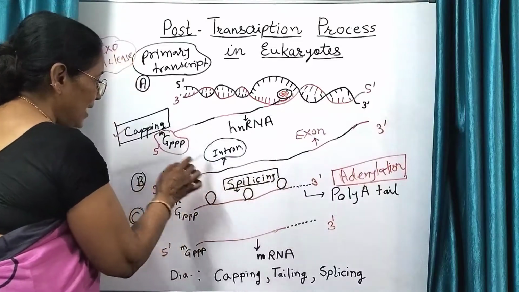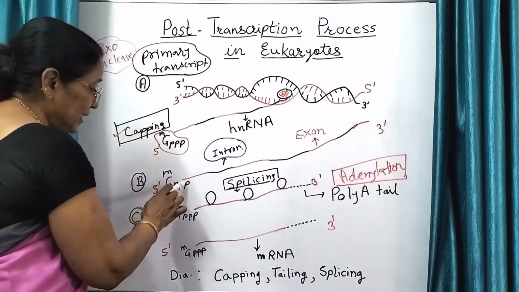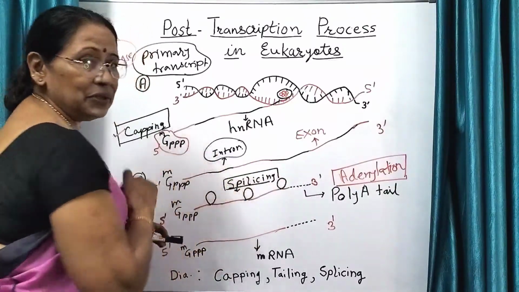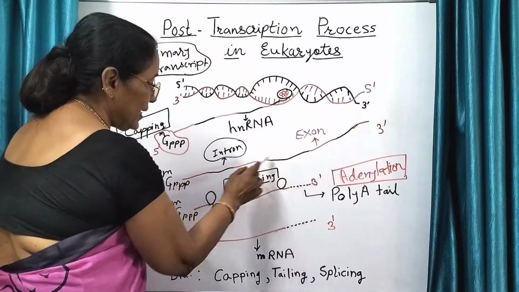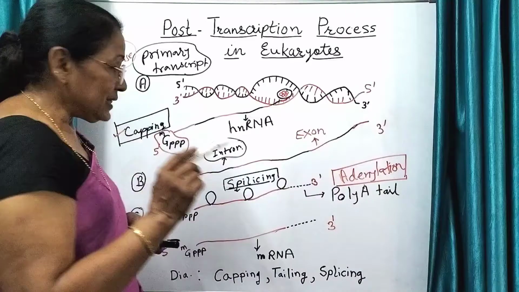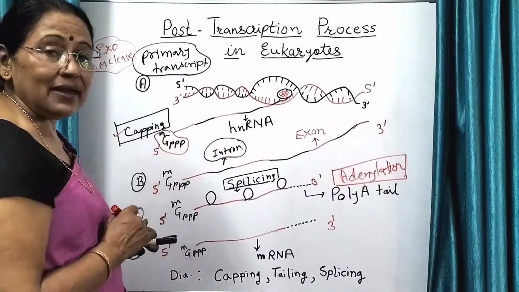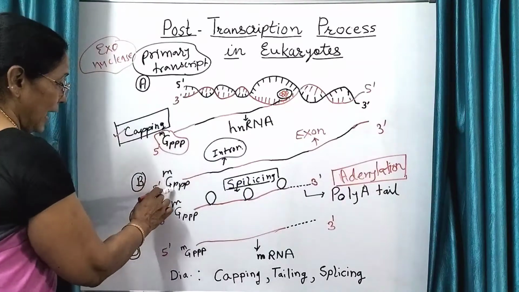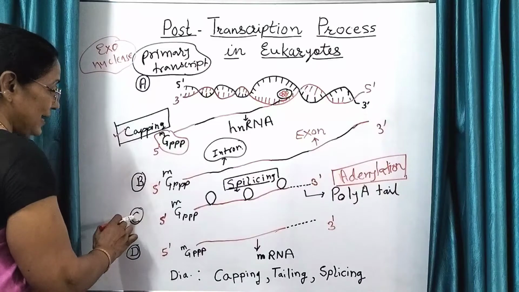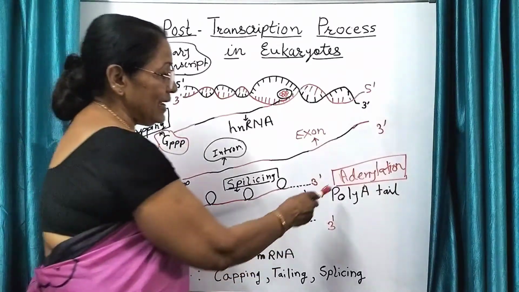It has the capping because capping was already done, and it shows the exons and introns: exon, intron, exon, intron, exon, like that. This is diagram B, where the whole heterogeneous RNA is shown together with the capping. Now come to diagram C, which is the tailing or adenylation.